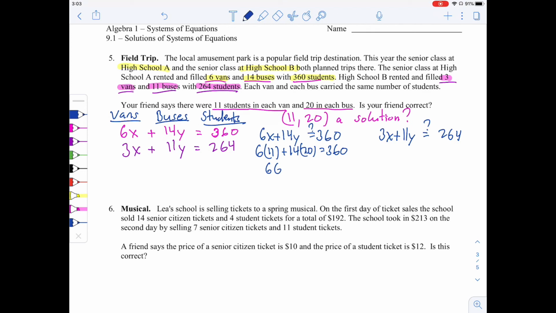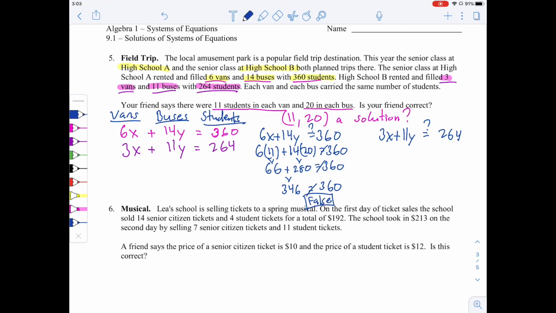All right, so 6 times 11 plus 14 times 20, equals 360? 6 times 11 is 66. 14 times 20 is 280. Add those 2 together, you get 346. That doesn't match. It does not equal 360, so that is not true.